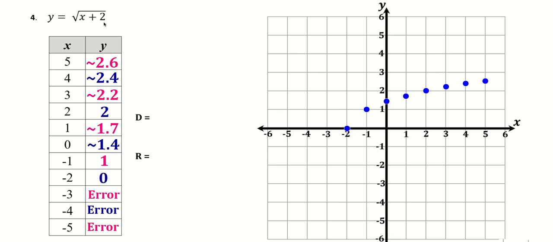No. So the fact that the graph ends up what it is and the range ends up 0 to infinity makes sense if you look at how square roots work. Once again, no matter what you plug in for x, y is going to equal this entire square root of whatever, and square roots can never be negative. So that's why the range is 0 to infinity.